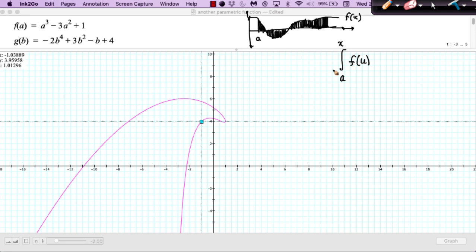I'm going to use u, because now we're using t for parametric functions. So this was our signed area function, I'll call it capital F. So signed area. Remember this?